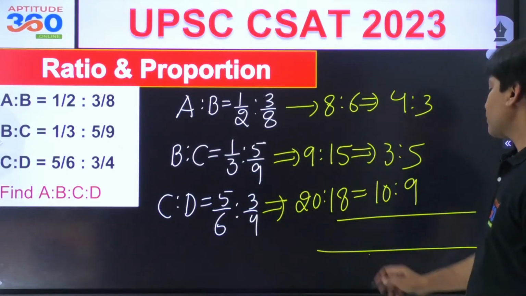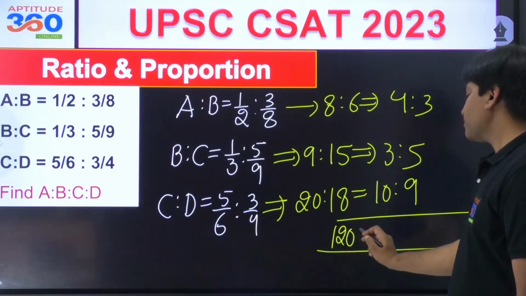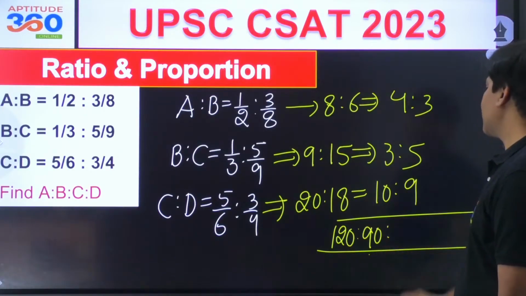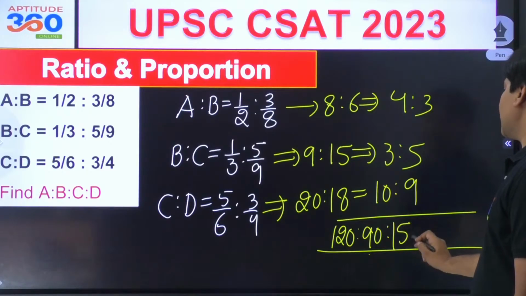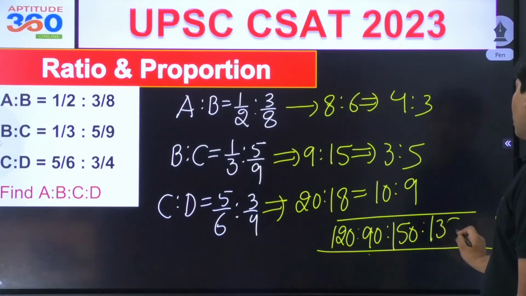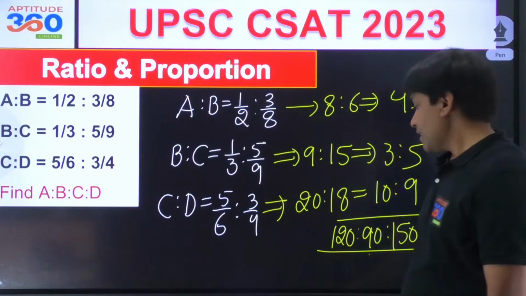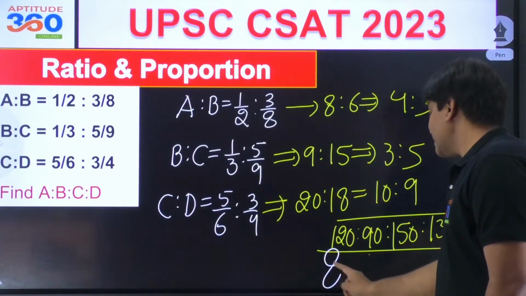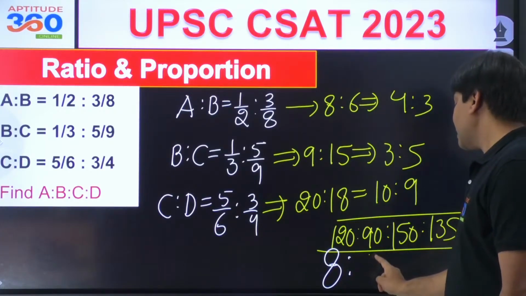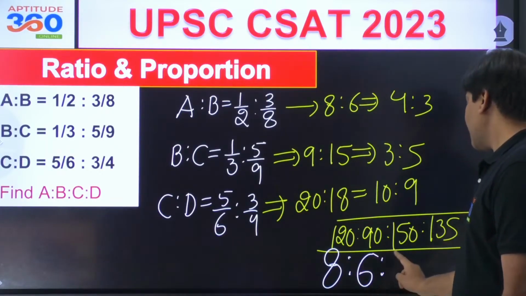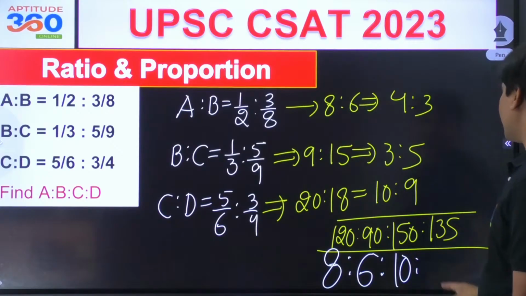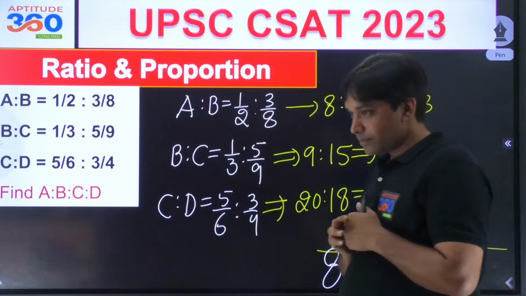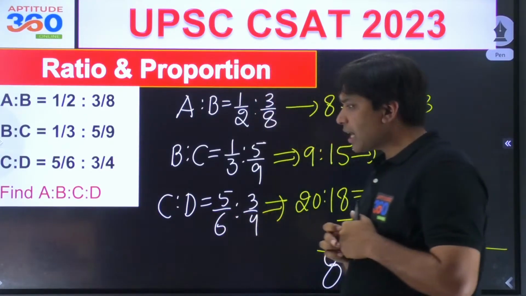Yes. 120, 90, 150 and 135. All of them are multiples of 15. 15 का मतलब क्या हो गया यहाँ पे? This is 8 and then 6 and then 10 and then this is 9. Darshana, 8, 6, 9.